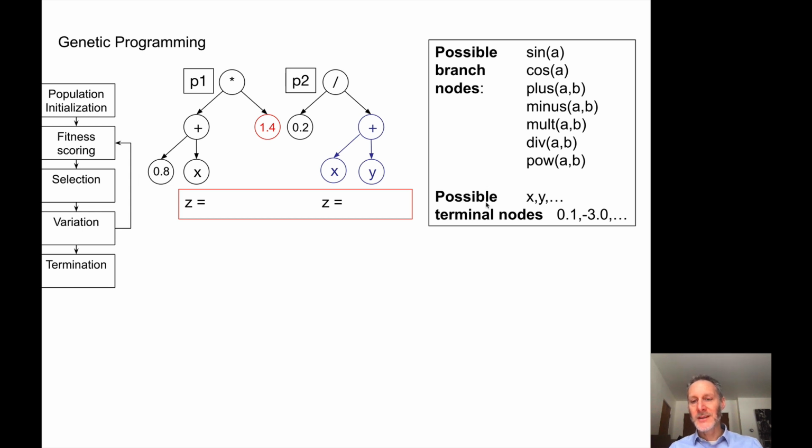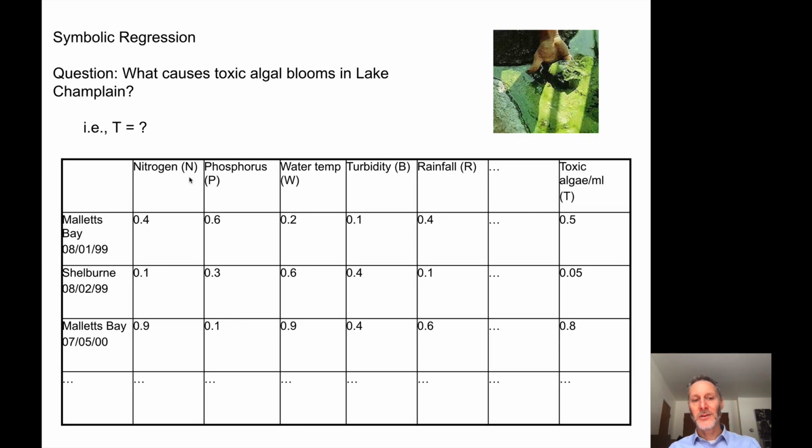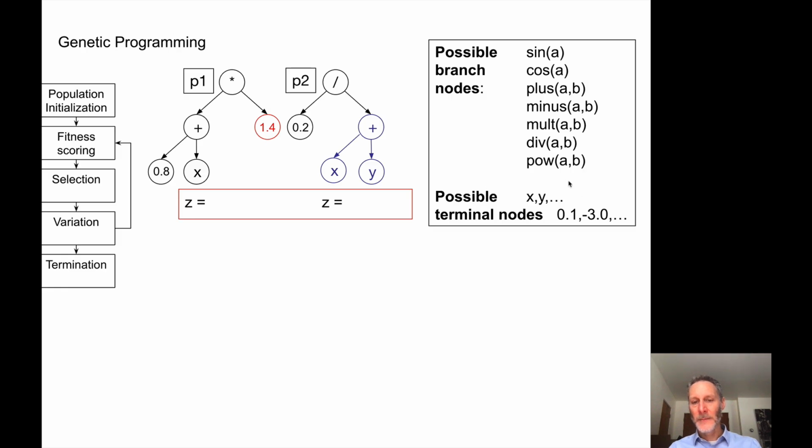And we also throw into this bag all of the variables. So this just says X and Y, but if we're doing this problem, we throw in N, P, W, B, and R, and T. We throw in some constants as well. We'll see why in a moment.